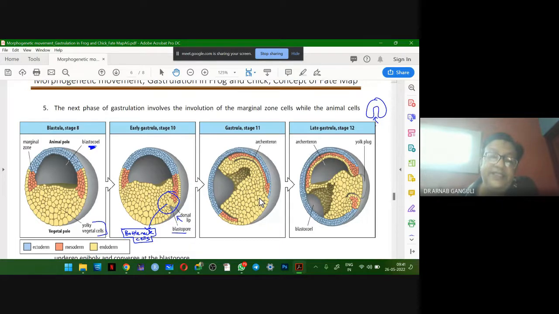This has invaginated and gone from here. This is involution, sheets sliding inside. See, these cells have slid and come over here. These cells from here have involuted and come to this region. Can you see?